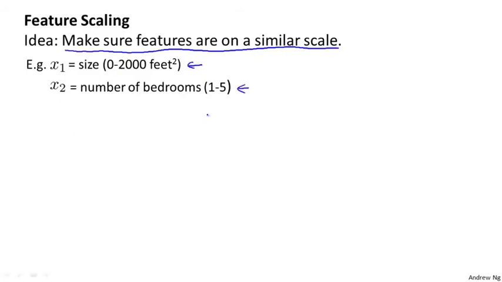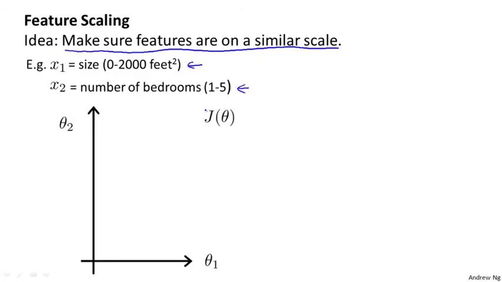If you plot the contours of the cost function J of theta, then the contours may look like this, where J of theta is a function of parameters theta 0, theta 1, and theta 2. I'm going to ignore theta 0, so let's forget about theta 0 and pretend it's a function of only theta 1 and theta 2.